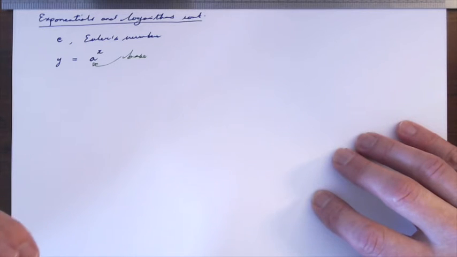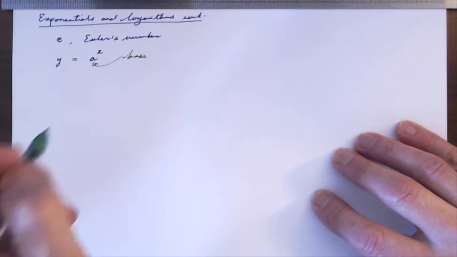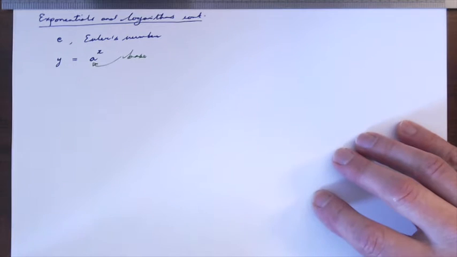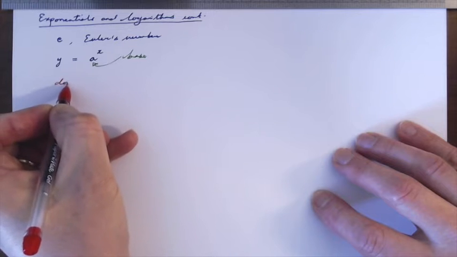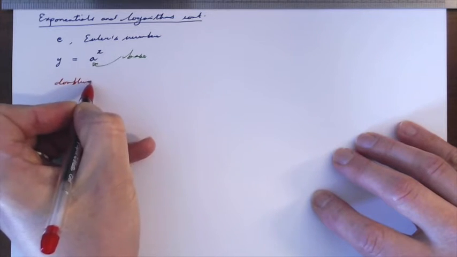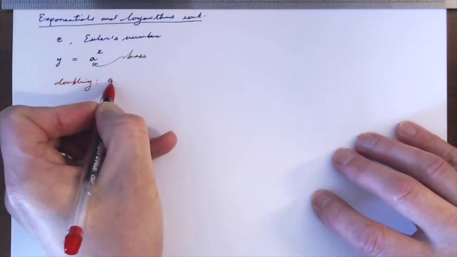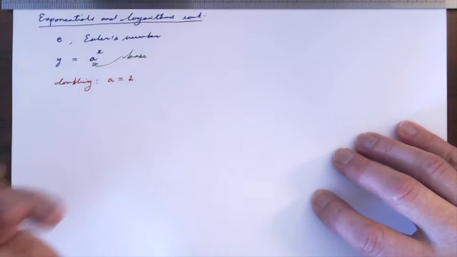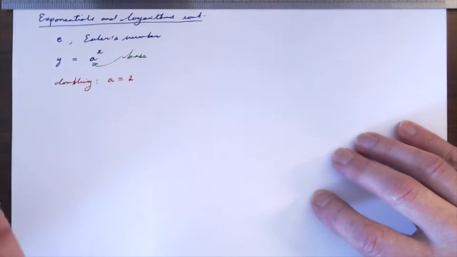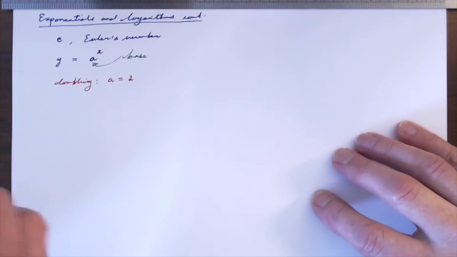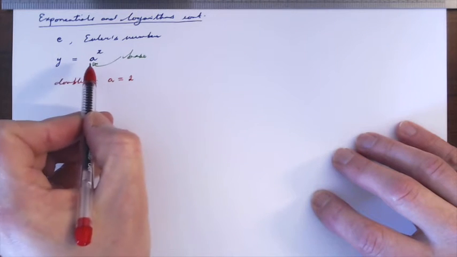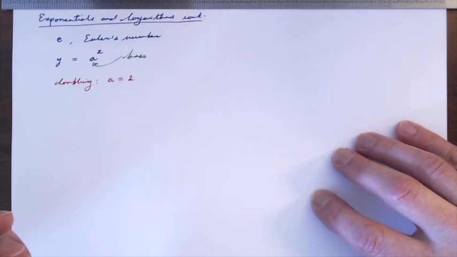And in the first tutorial, when I was motivating the exponential function, I was looking at a doubling, and very naturally that base was equal to 2. So we were looking at the number of bacteria over different generations, and that number increased as a power of 2. So the number of bacteria was 2 raised to the power of the number of generations.